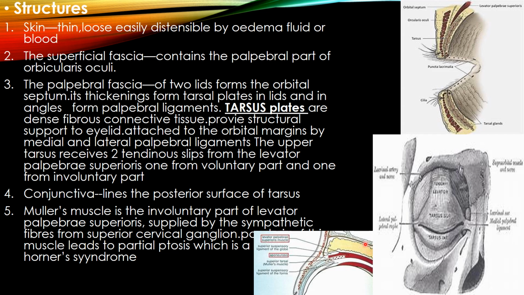Muller's muscle is the involuntary part of the levator palpebrae superioris, which is supplied by the superior cervical ganglion via sympathetic fibers. Here it is, Muller's muscle. Paralysis of this muscle leads to partial ptosis, which is one of the features of Horner syndrome.